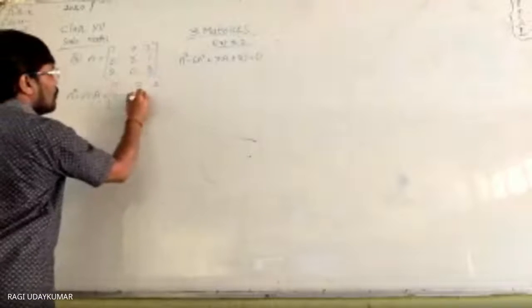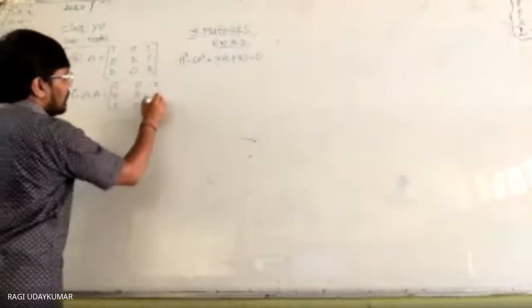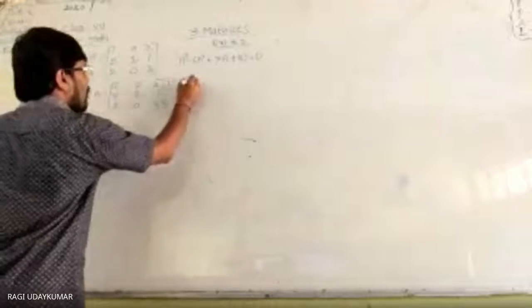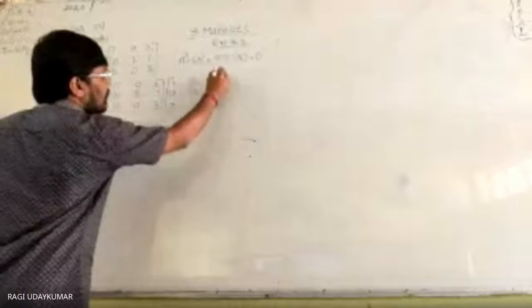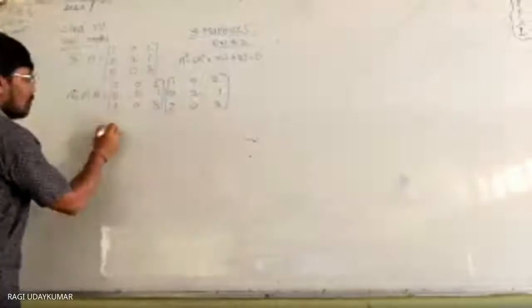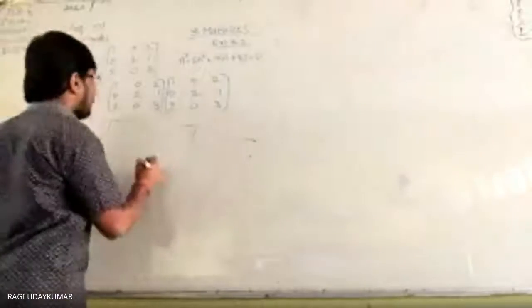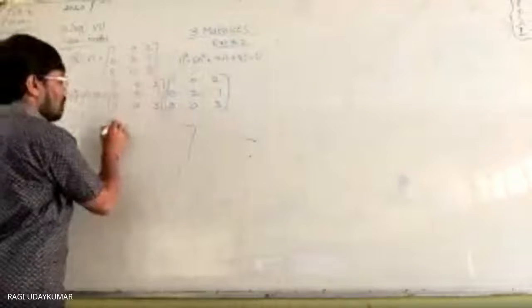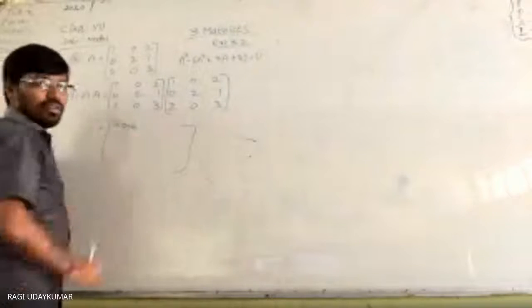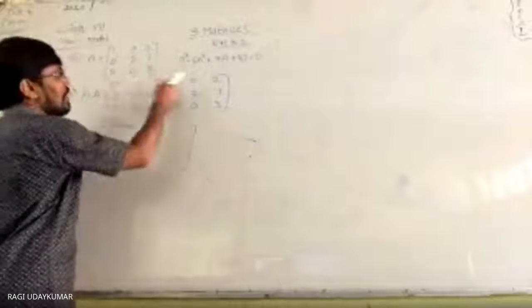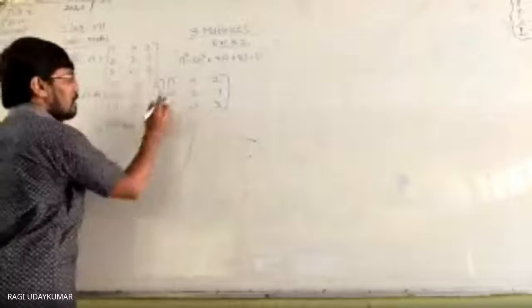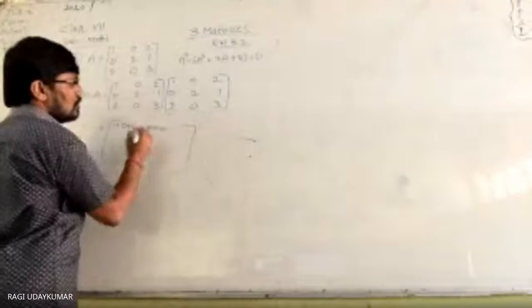1 0 2, 0 2 1, 2 0 3, and again 1 0 2, 0 2 1, 2 0 3. Okay, so now if you multiply these two directly, I am writing here 1 into 1 is 1, 1 plus 0 plus 4. Shall I write directly 1 into 1, 2 into 0, 2 into 2, 1 into 0, 0 into 2, 0 into 0?